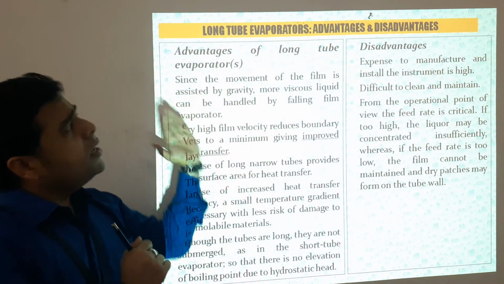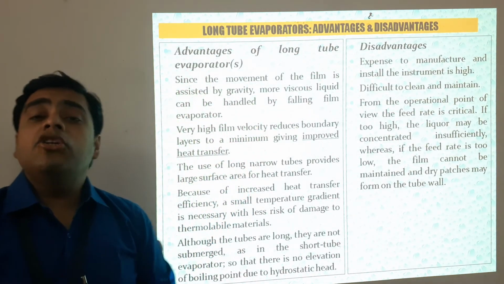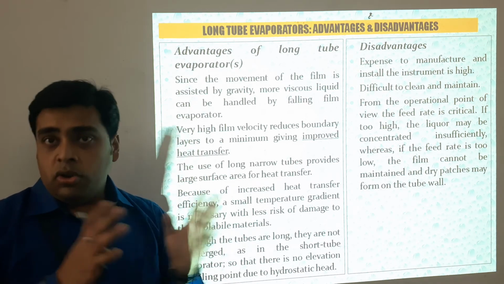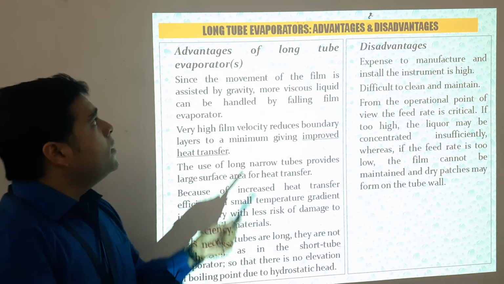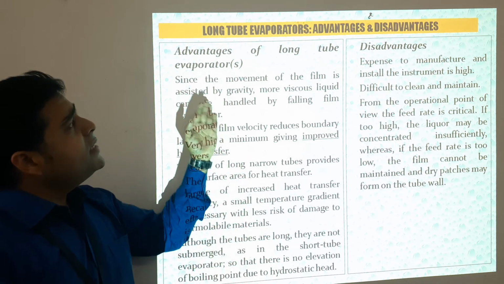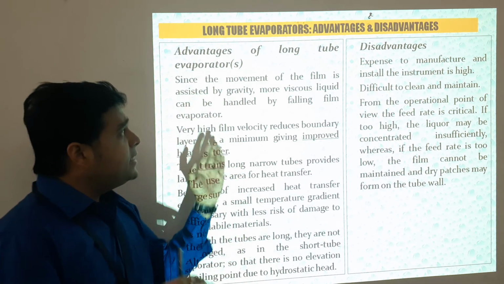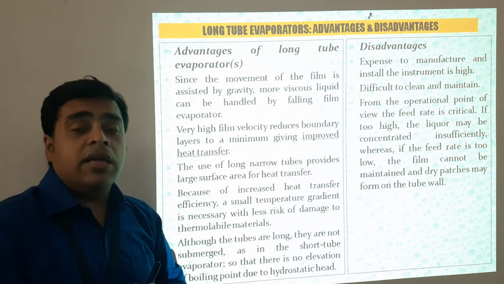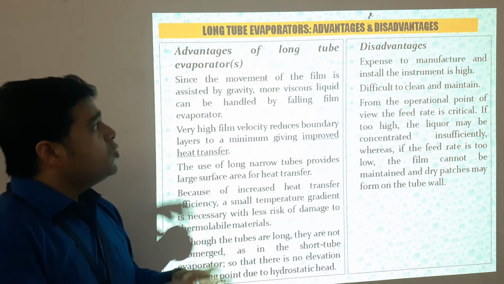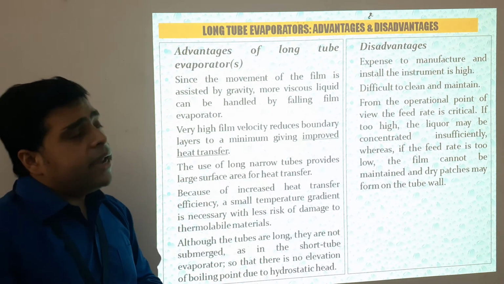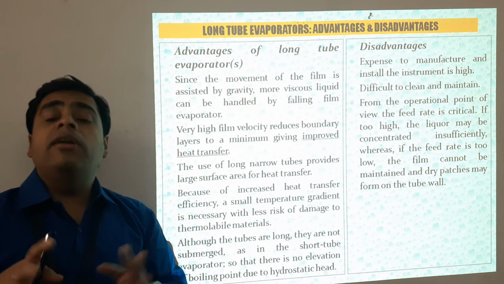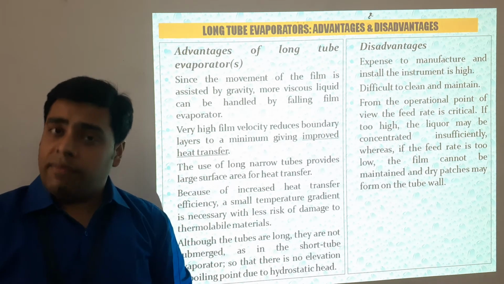Now come to the advantages and disadvantages of the long tube evaporators, both the falling as well as the climbing one. Come to the advantages. Since the movement of the film is assisted by gravity, particularly for the falling film evaporators, more viscous liquid can be handled by the falling film type of long tube evaporators.